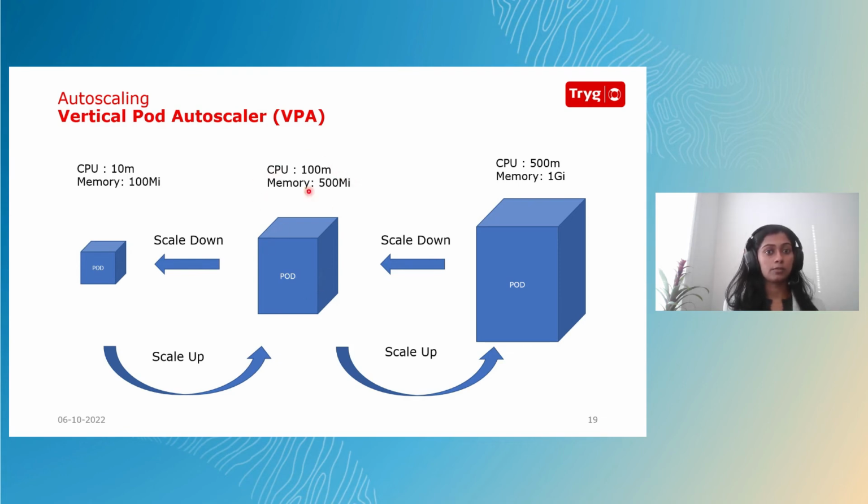Requested CPU and memory would increase, and you can configure the interval at which it would evict in the configuration parameters. And this is how the scale up and scale down is done in the vertical pod autoscaler.